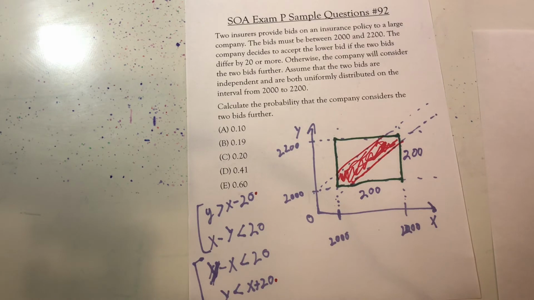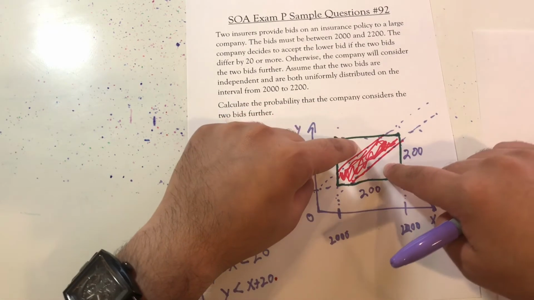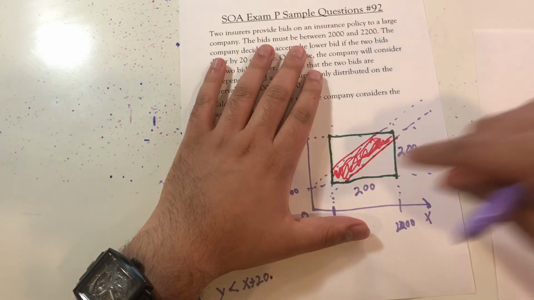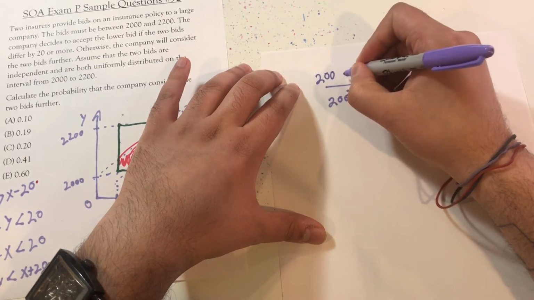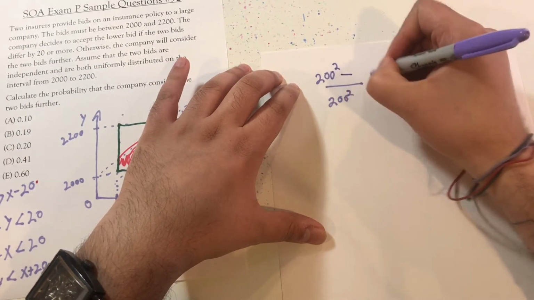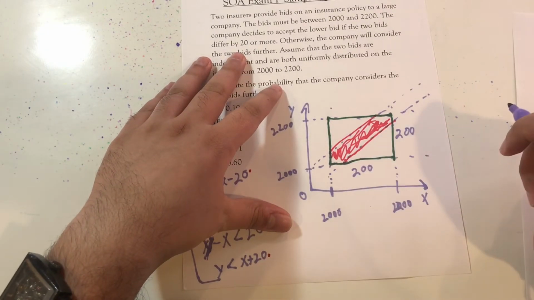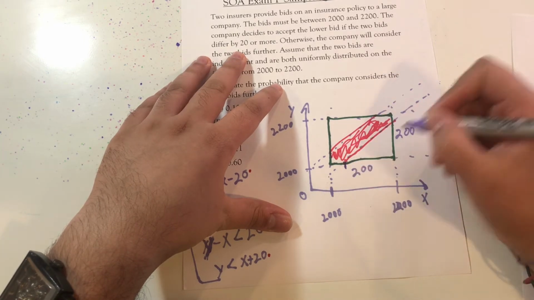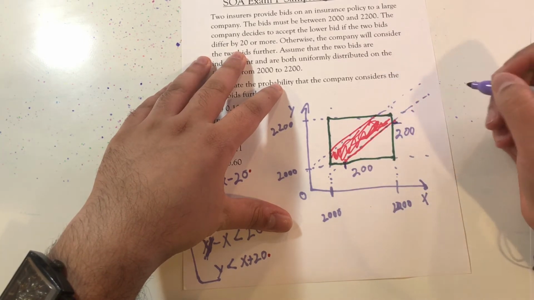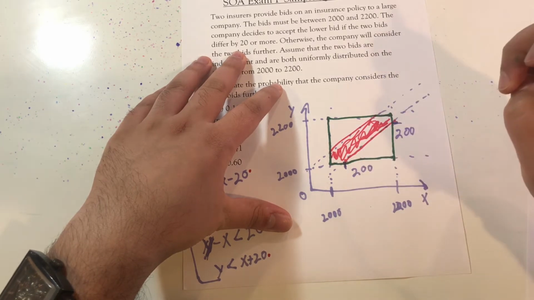So what I could do is find the area of these two triangles and subtract them away from the area of the entire square. So it's going to be 200 squared minus... well, what's the area of this triangle? We're going to need to know this coordinate point here and this coordinate point here in order to get these two distances.